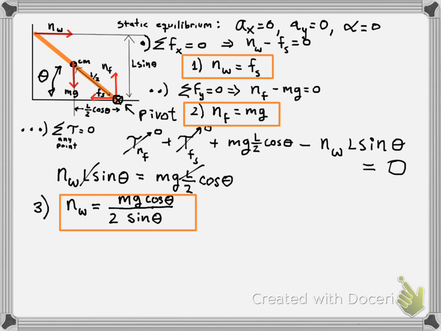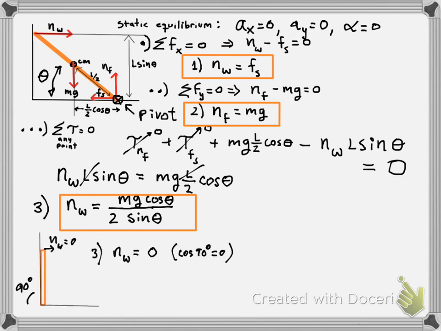Now, to understand why there should be a minimum angle at which the plank starts to slide, let's take a look at the behavior of NW with respect to theta. So let's start with a theta of 90 degrees. So suppose that we have the plank that is balanced at its bottom end, the angle is 90 degrees. So basically the plank is really not leaning against the wall.